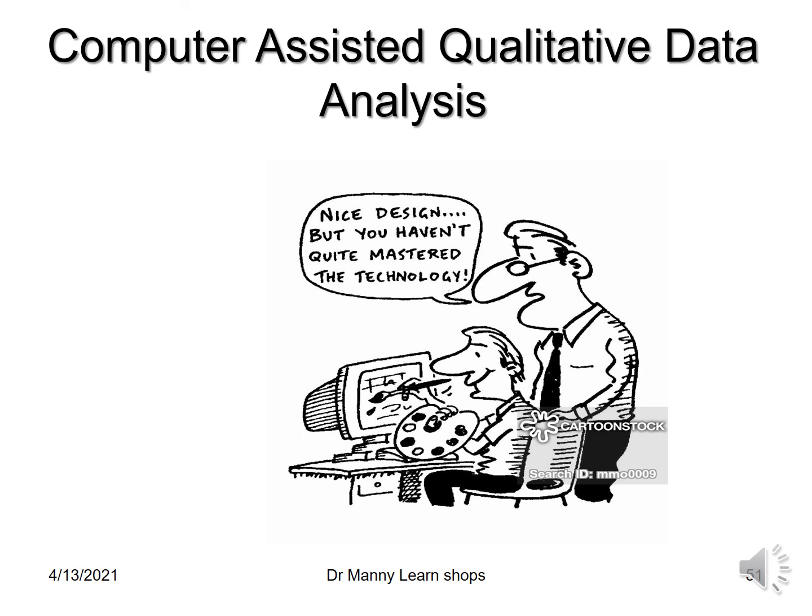So let's conclude with computer-assisted qualitative data analysis. And basically, the computer's doing most of the work. And after reviewing it, I've learned something about it because I'm not really into computer-assisted qualitative data analysis, but you might be.